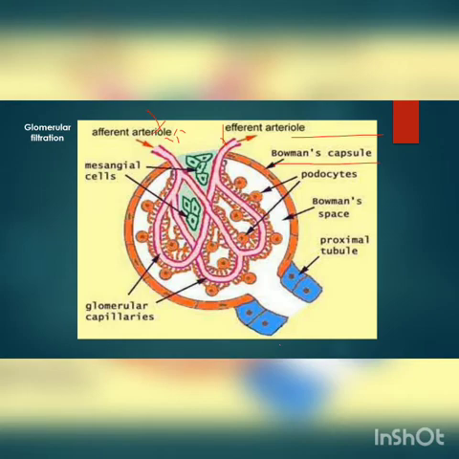Juxtaglomerular apparatus का क्या रोल होता है? That is known as the JGA also. So JGA is a special sensitive region formed by cellular modification in DCT and the efferent arteriole at the location of their contact. So JGA becomes active when there is decrease in the renal blood pressure or decrease in GFR. So this JGA promotes release of renin.